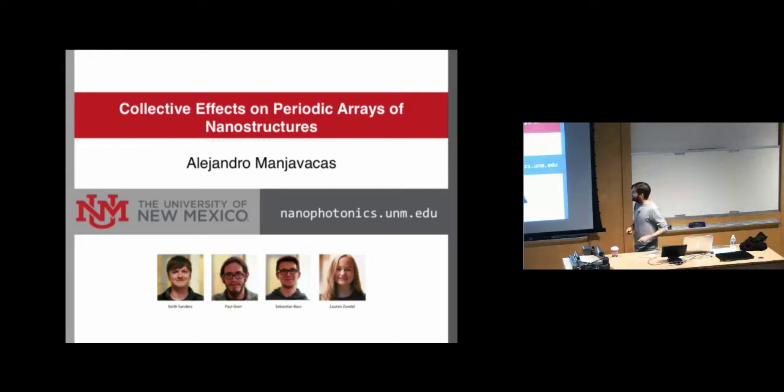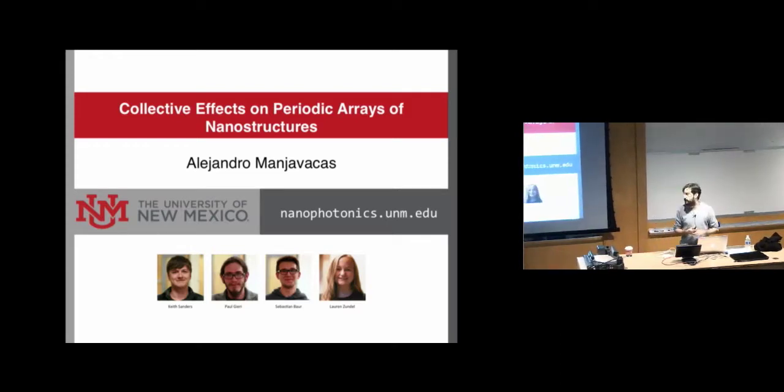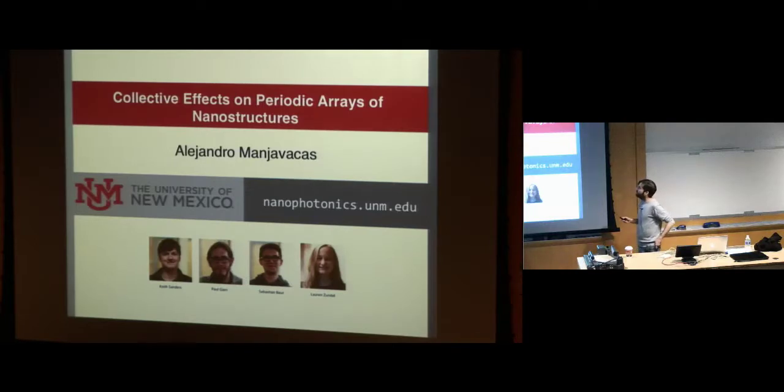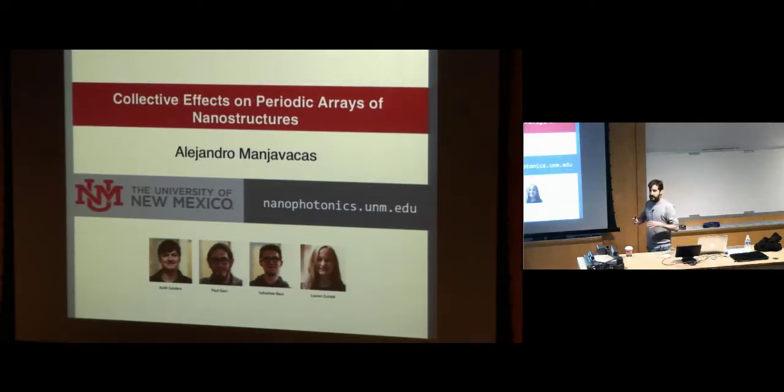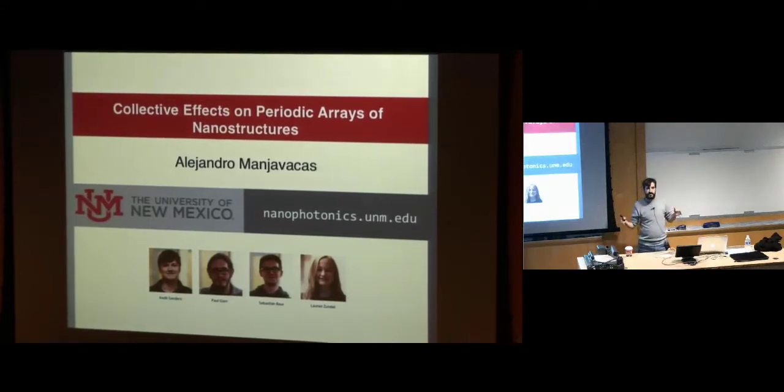So today I'm going to be talking about some work that we've been doing in my group at the University of New Mexico. The common theme of all the different projects I want to show you is this idea of collective effects that arise when you have an ensemble of nanostructures that have some periodicity, some ordering.